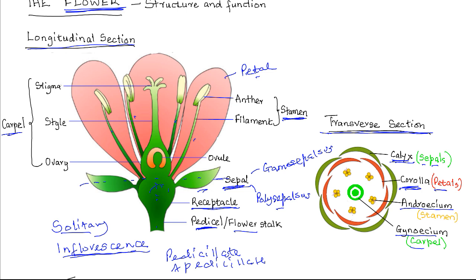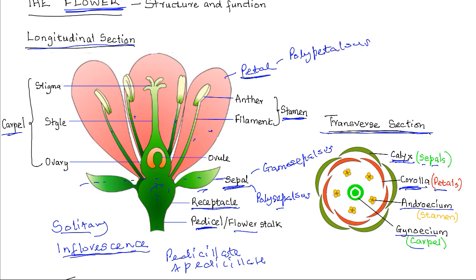Next is the corolla. So this is the corolla, made up of petals. The corolla is made up of several petals. The petals are often brightly colored in many flowers. Now, when the petals are free, the corolla is said to be polypetalous.